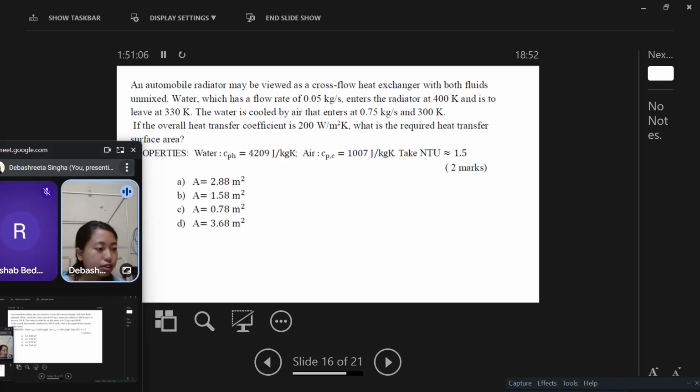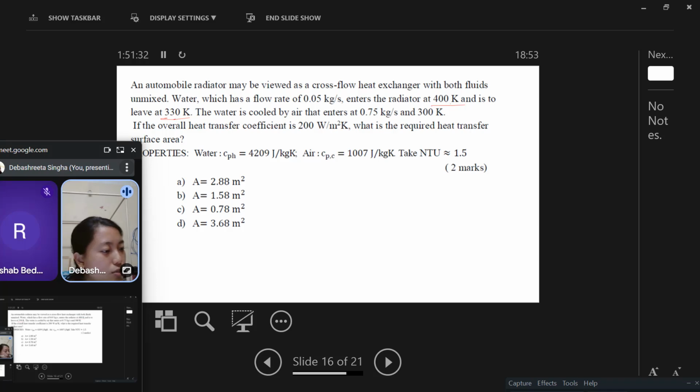An automobile radiator may be viewed as a cross flow heat exchanger with both fluids unmixed. Water, which has a flow rate of 0.05 kg per second, enters the radiator at 400 Kelvin and is to leave at 330 Kelvin.